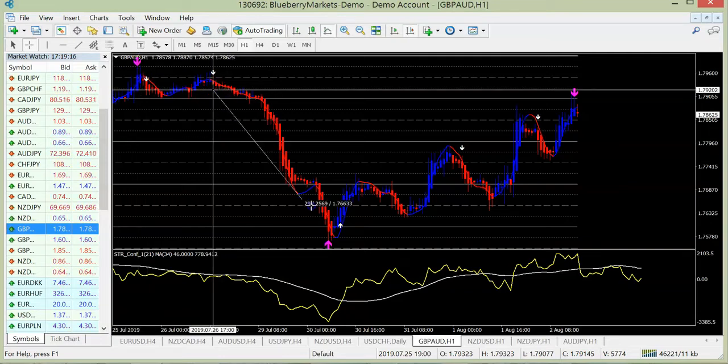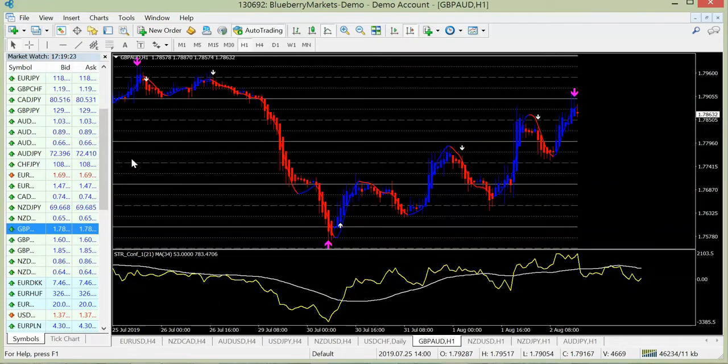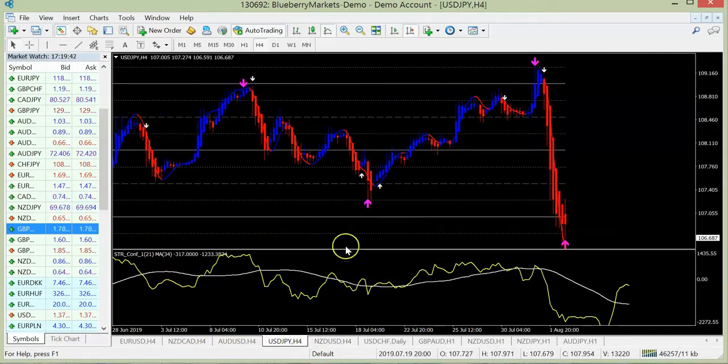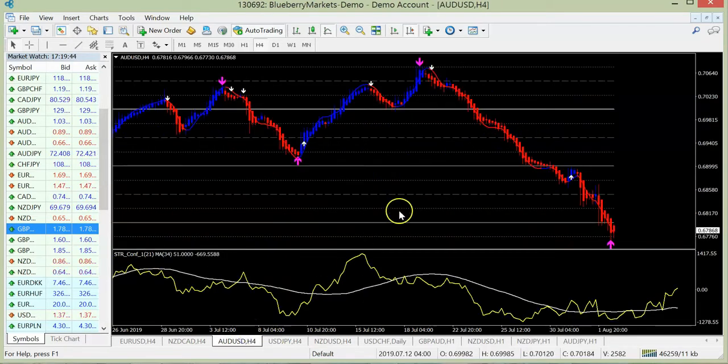So from here, we can take it until the pink and make 300 and something pips, or $3,000 or something with a lot size of 1. So it's really interesting, but it's really profitable, and it is the winning strategy.